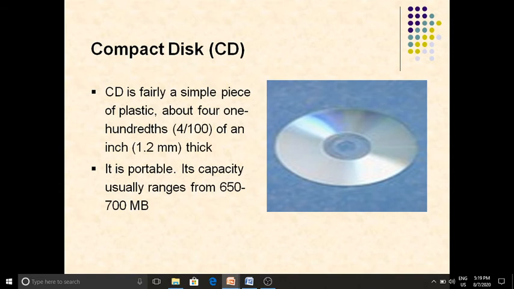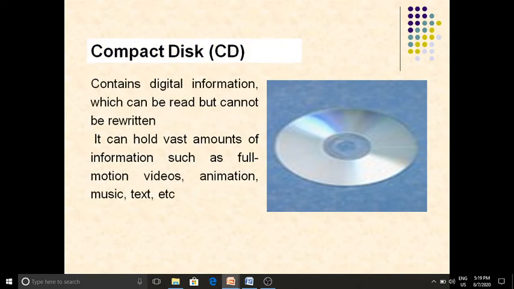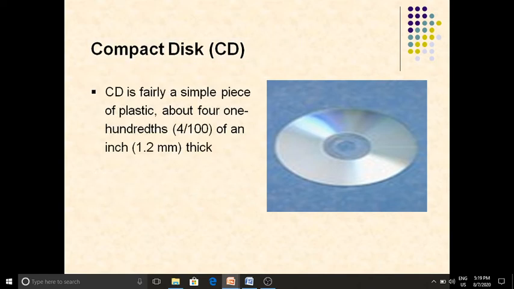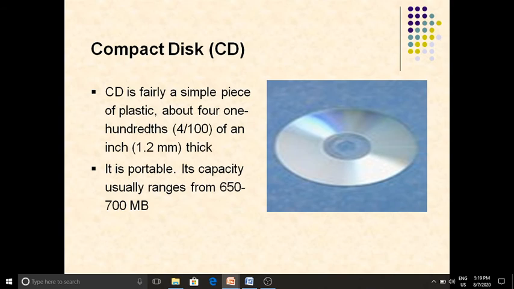In the next slide we'll be discussing the functions of the CD, compact disc. A CD is fairly a simple piece of plastic, about 4/100th of an inch, that is 1.2 mm thick.